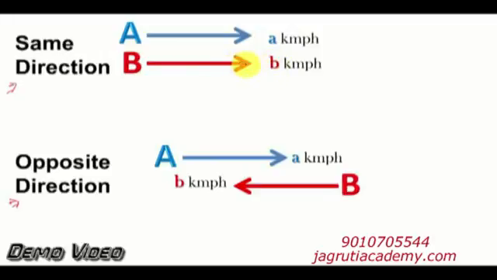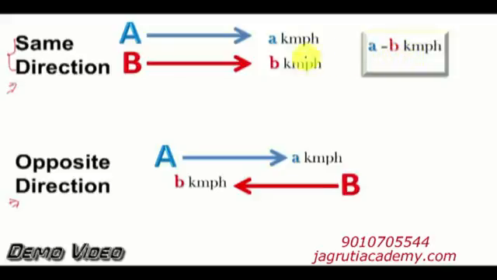Let's check the first case, when the objects are moving in the same direction. A's speed is a kilometer per hour, B's speed is b kilometer per hour. Therefore, the relative speed, as we call it, is A minus b kilometer per hour.